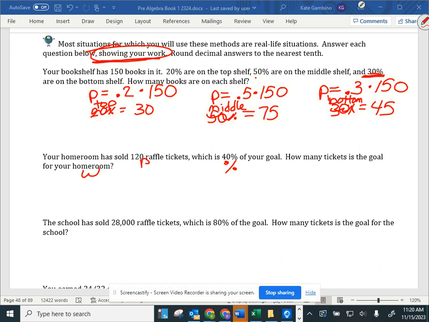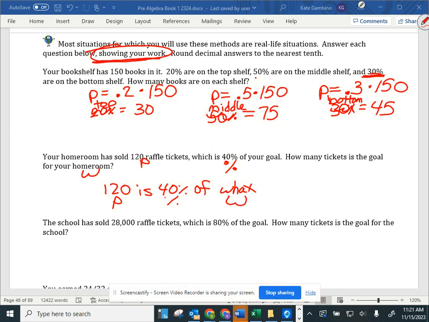The 120 raffle tickets is only 40%, so that's our part. If I were to write that out, I would say 120 is 40% of what number? Written like that, I could see this is the part, this is the percent, this is the whole.